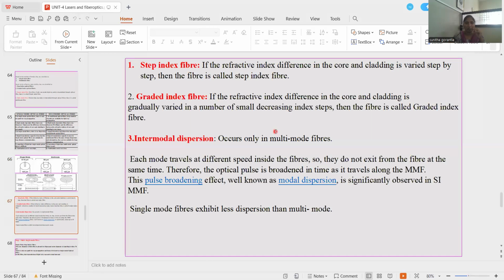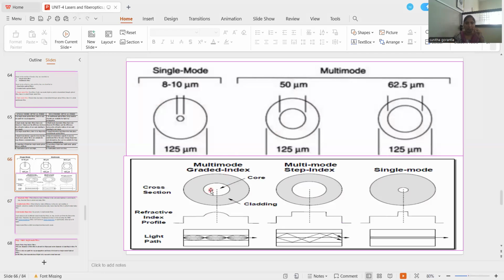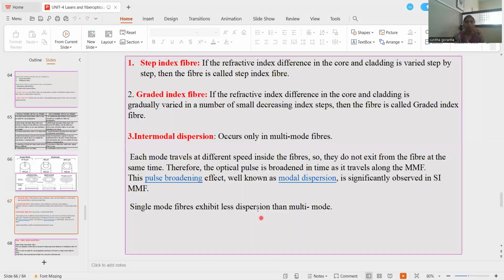In gradient index optical fiber, the refractive index is maximum at the center of the core and decreases towards the core cladding interface in a parabolic manner. See in the refractive index profile diagram. So here the refractive index decreases like this. Okay, this is about the gradient index optical fiber.